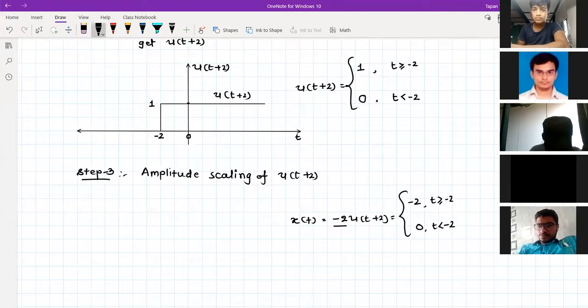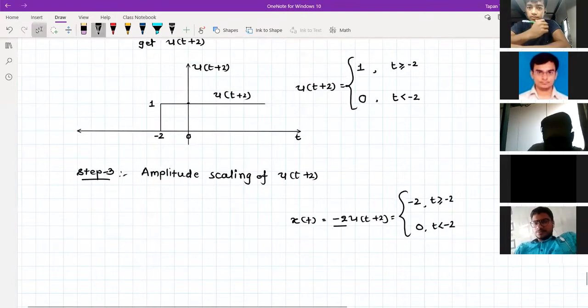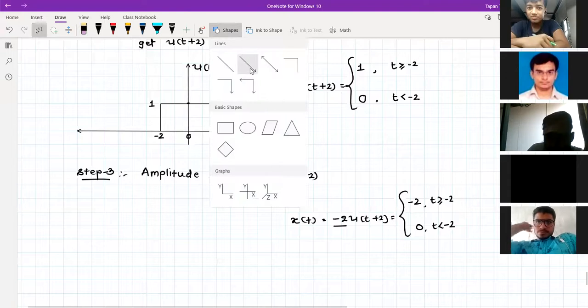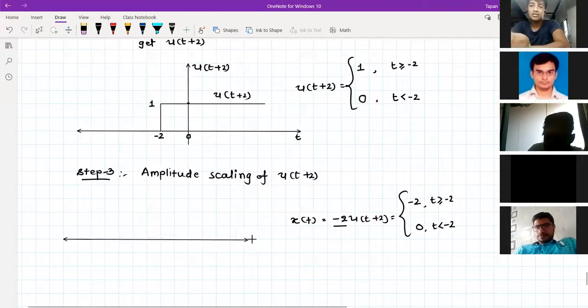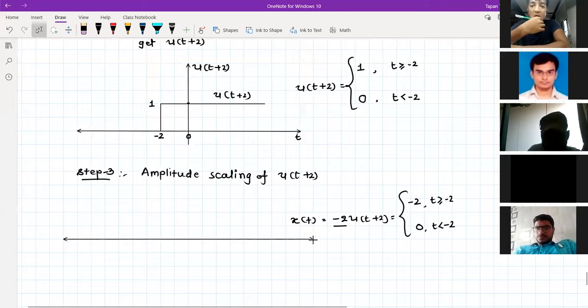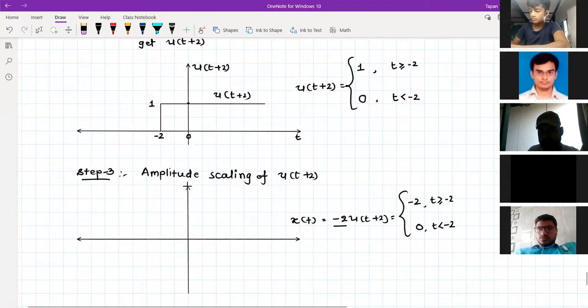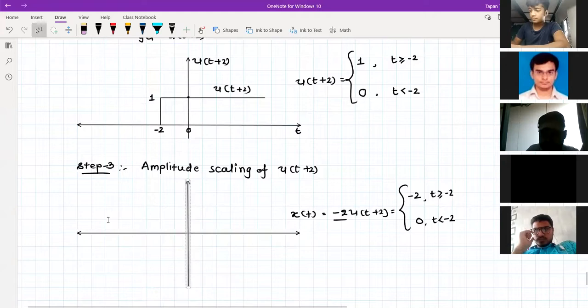You can call it A, capital A, right? So how will you draw it? How will you draw this?